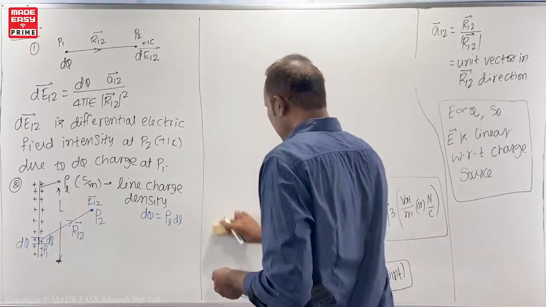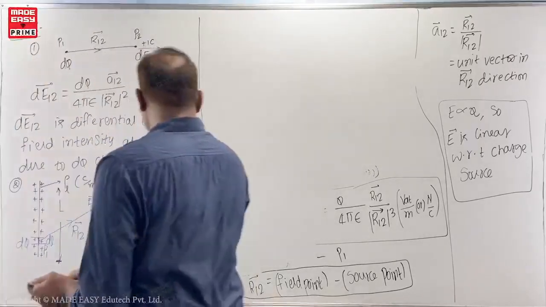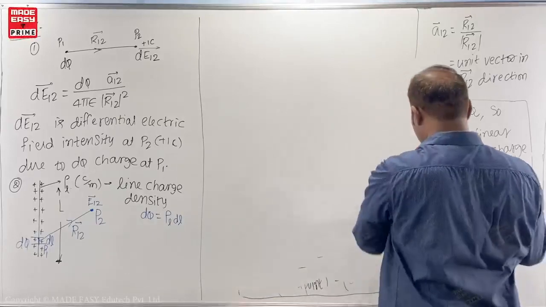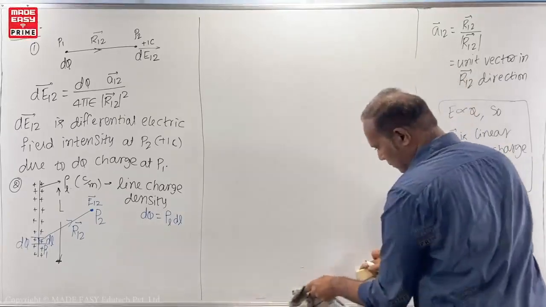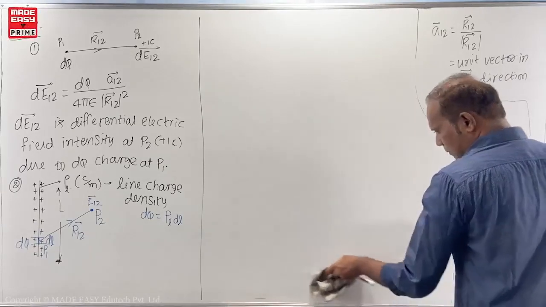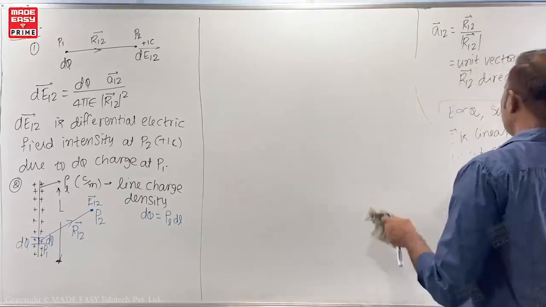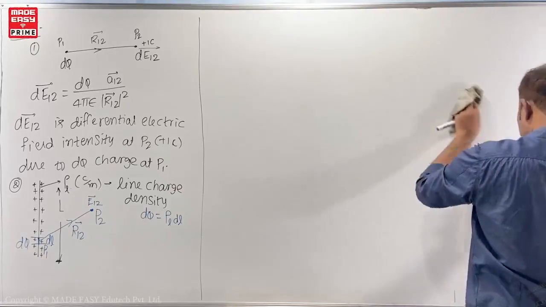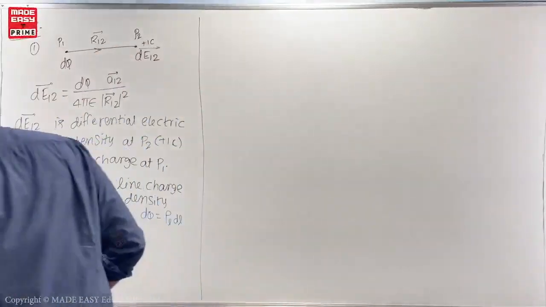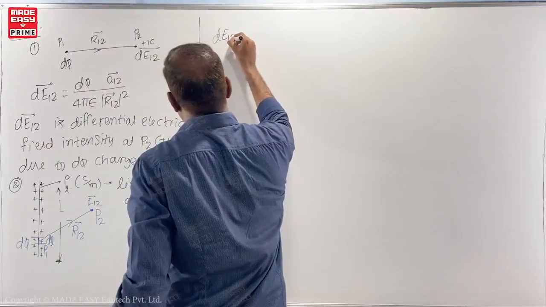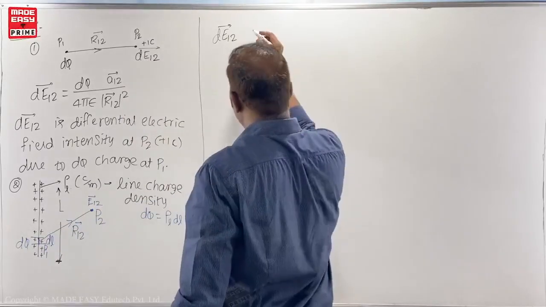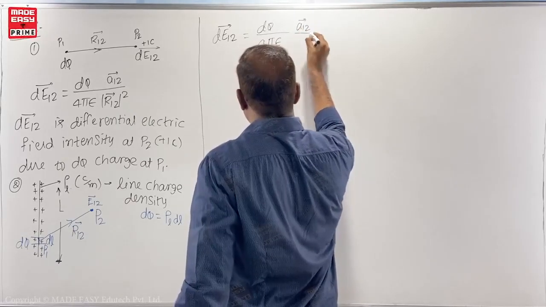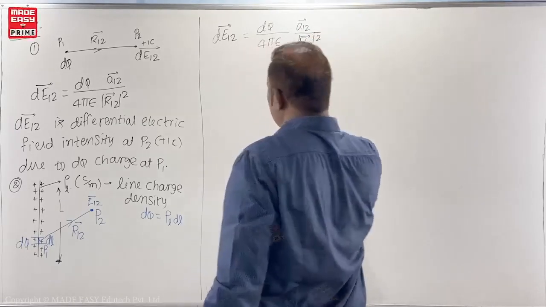So dE12 bar is equal to, let us write, differential electric field intensity dE12 bar at point 2 due to dq charge at point 1 is dq divided by 4 pi epsilon, A12 bar divided by modulus of R12 whole square.